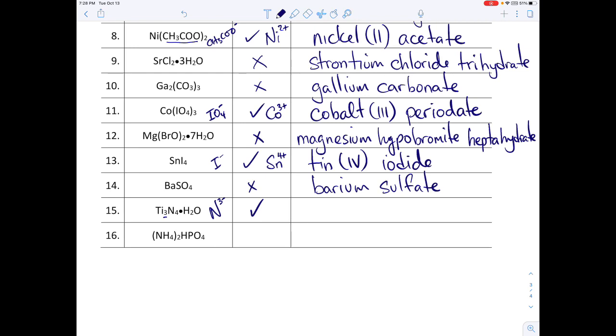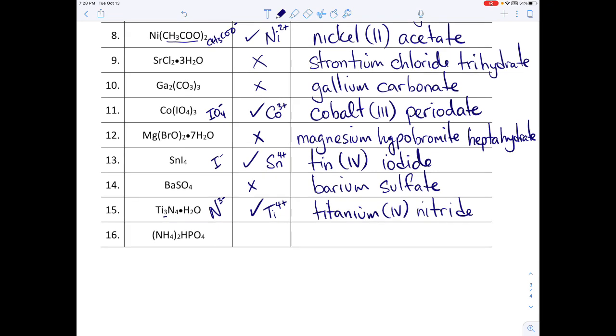So if you have 12 positives and they're on 3 titanium atoms, 12 divided by 3, each of those titaniums must have been Ti 4 positive. So this was titanium Roman numeral 4, because that's the charge on the ion, nitride, the simple ion, N3-.